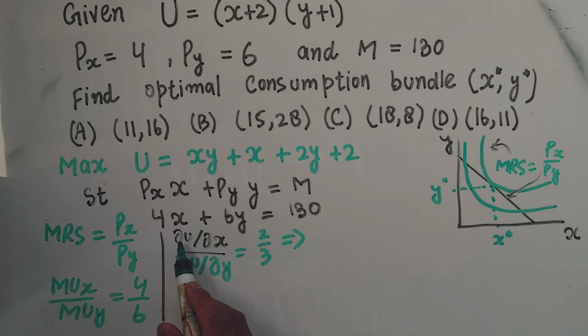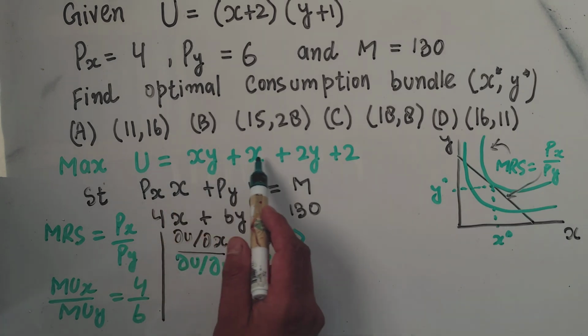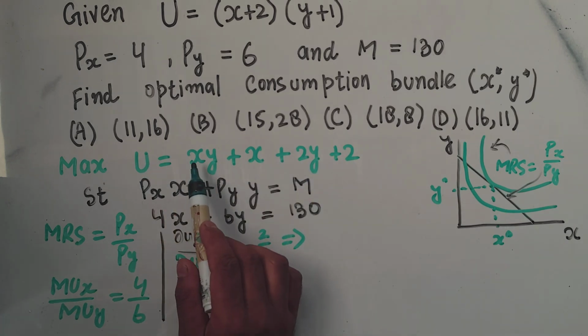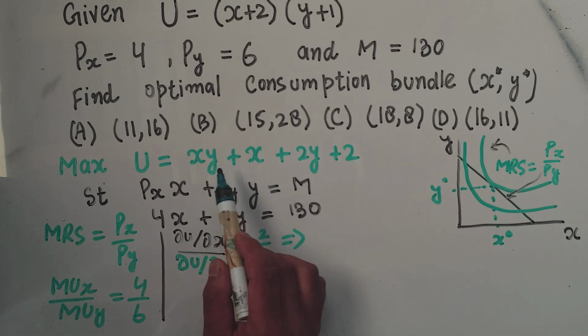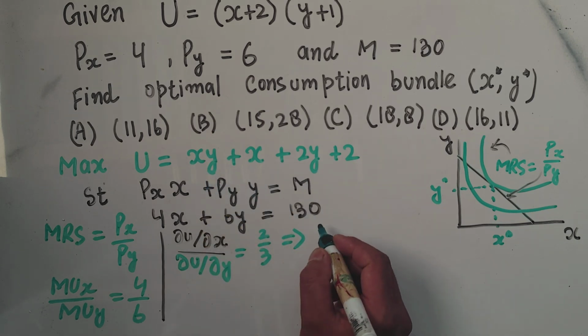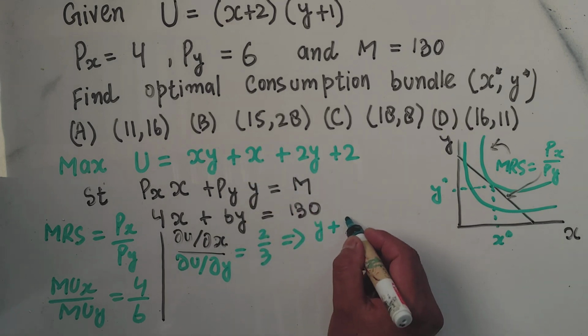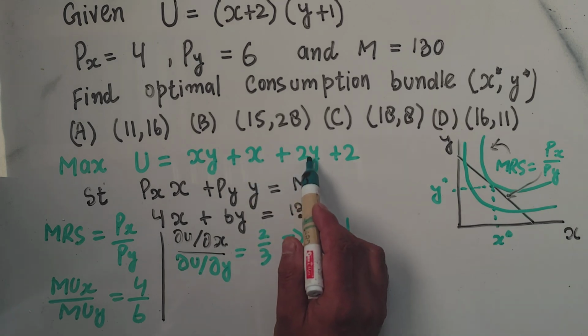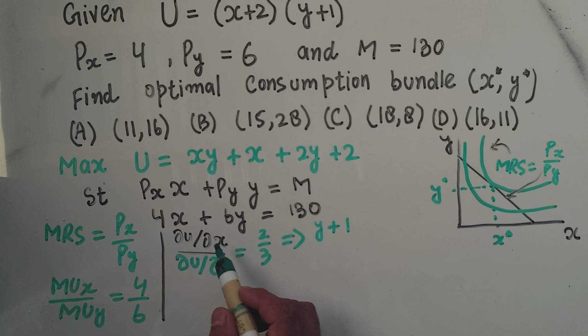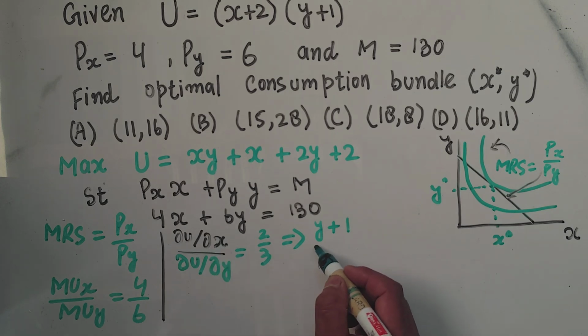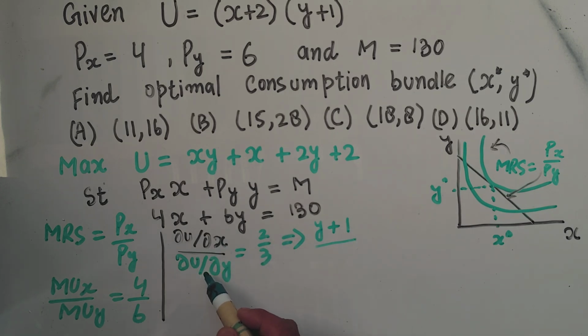Here it means dU upon dx means the partial derivative of this utility function with respect to good x. So partially differentiating this with respect to x, derivative of x in the first term is 1, so we are left with y, plus derivative of x is 1, so we are left with 1, and derivative of this term and this term is 0 because we are taking partials with respect to x, divided by, likewise we take the derivatives with respect to good y.